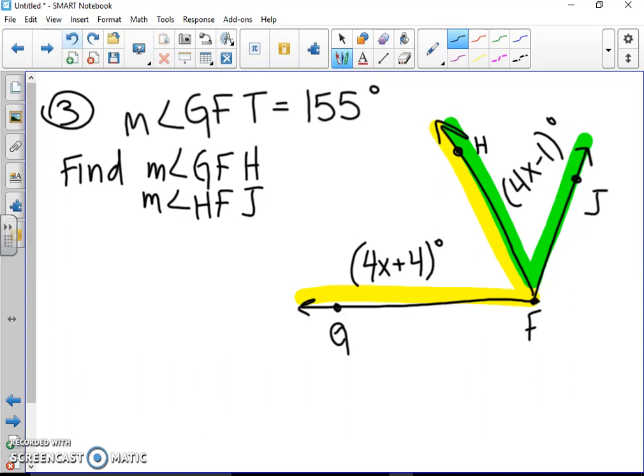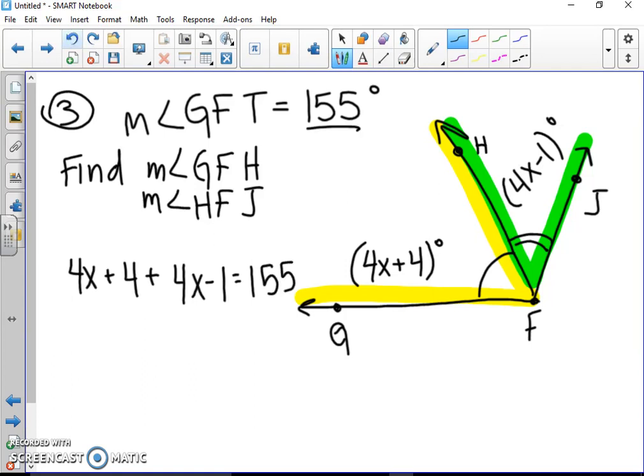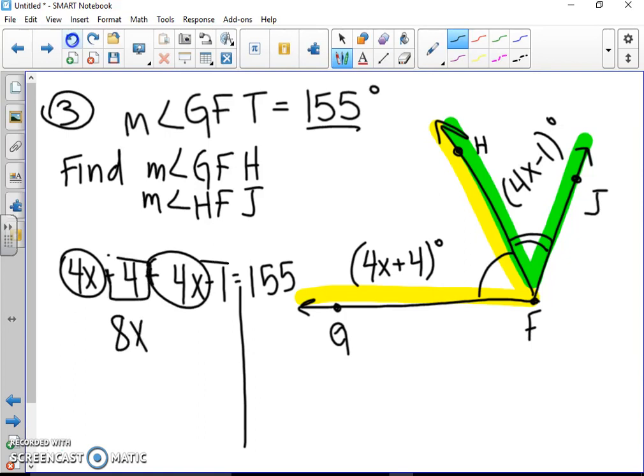So both of these angles, when you put them together, measure 155. So if we put their expressions together, 4x plus 4 and 4x minus 1, when we add them together, they're also going to equal 155. Okay, let's simplify. 4x plus 4x is 8x, plus 4 minus 1 is plus 3.